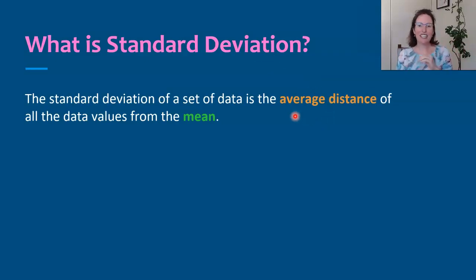And so is there an average amount that things can change from the mean? Thinking back to this basketball example of a player's average score, when they're looking at their games across a season, is there an average amount that one single game can deviate by?